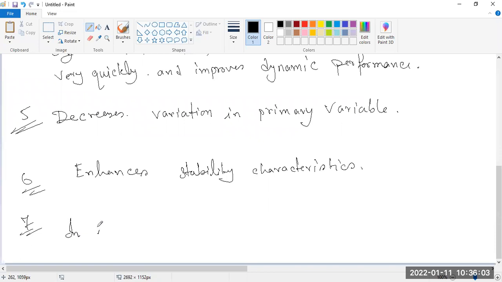It is sensitive to modeling errors. This is because if any error is coming, then it is controlled, two-way control.